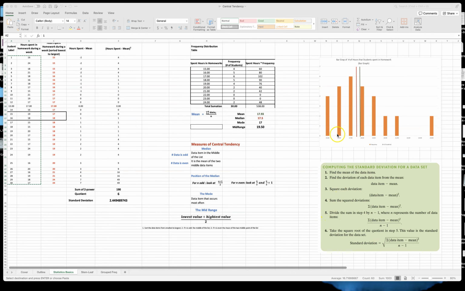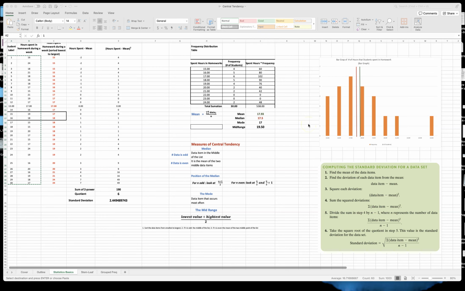If you look at the histogram of the previous example that we showed you, this is the mean, this is the median, and you can see that the right of the histogram is more dispersed compared to the left.